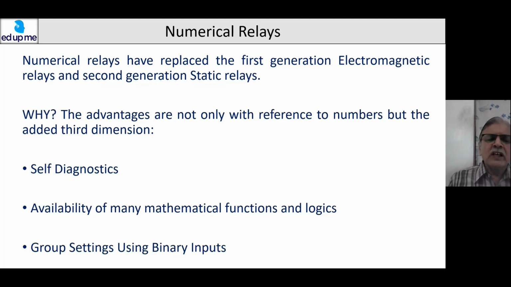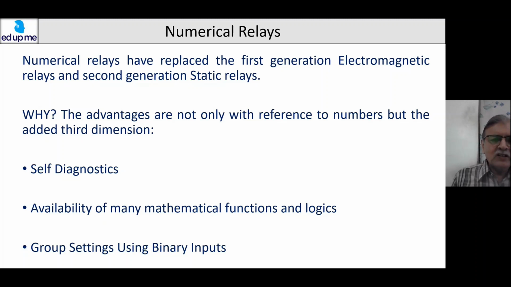In static relays, no doubt it is possible using operational amplifiers, but once again the time delay is added, because whenever you differentiate, you need an LC circuit and the charging time of the capacitor is added. Whereas in numerical relays, we are just taking samples at every millisecond.